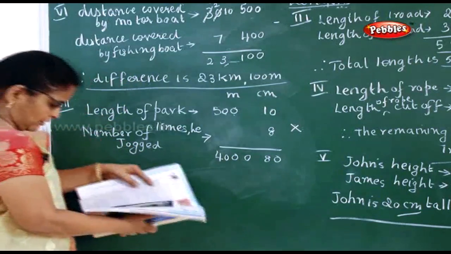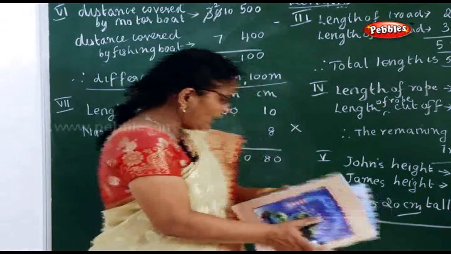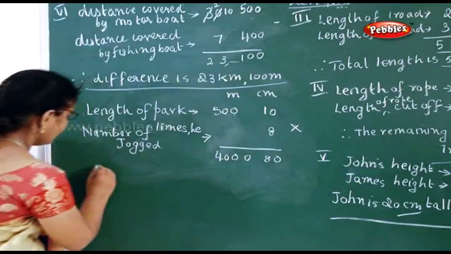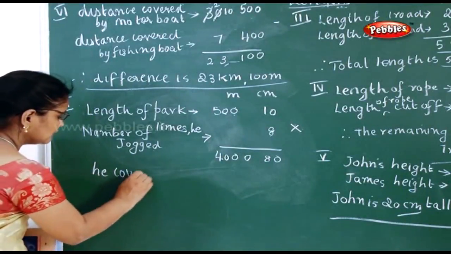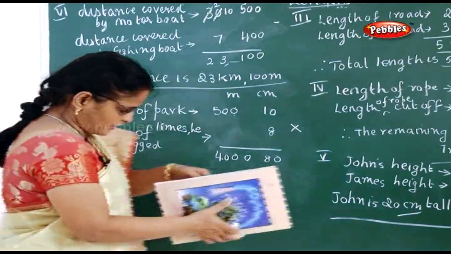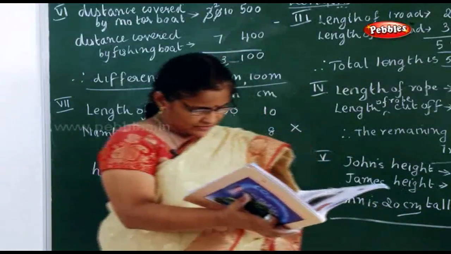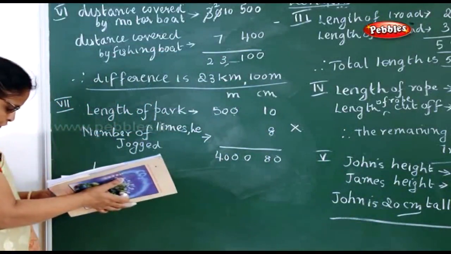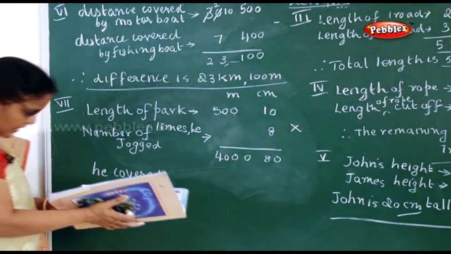So, now what will you write here? How much distance he has covered? So, you have to write 4,000 meter and 80 centimeter.